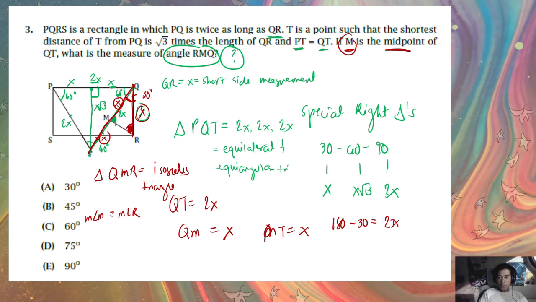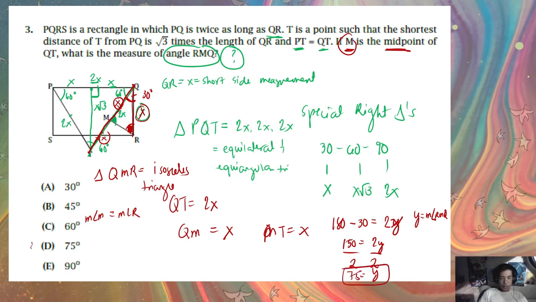Maybe let's use a different letter so as not to confuse. Let's use letter y, y being the measurement of angle RMQ. So that's going to give us 150 is equal to 2y. And if we divide both sides by 2, the value of y is 75.